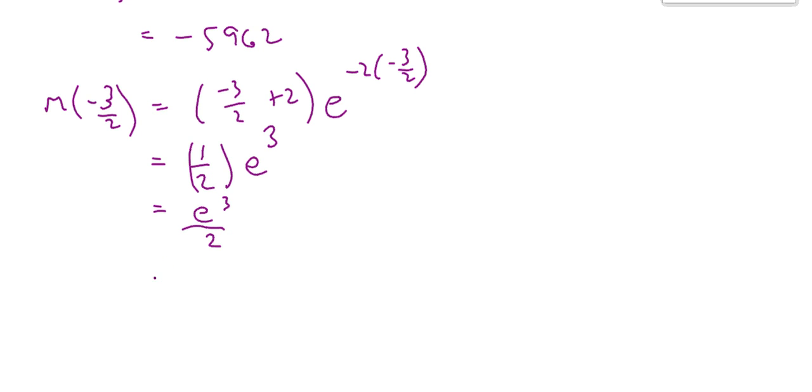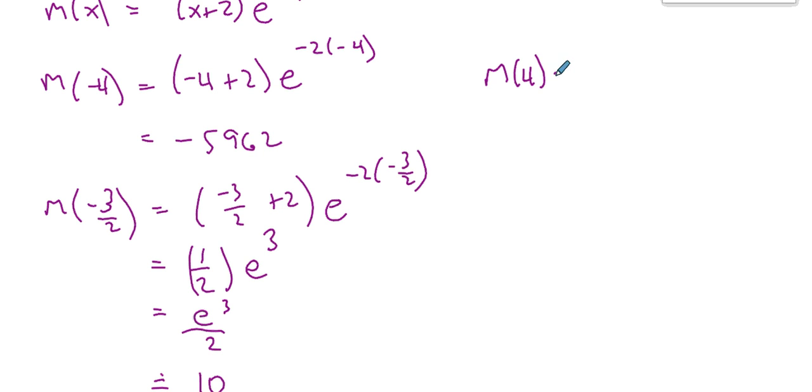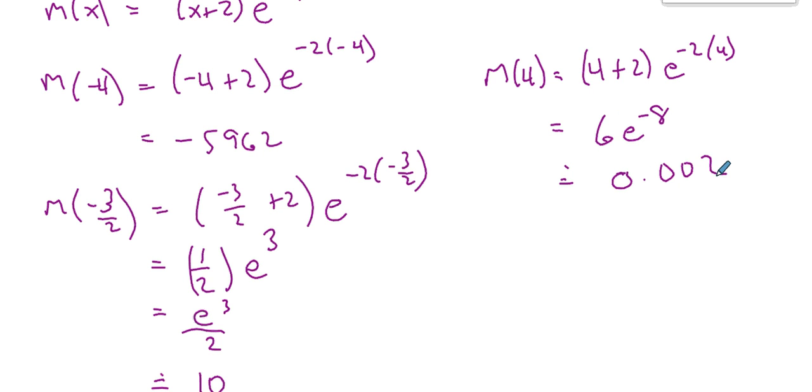This is roughly 10, just to calculate it and compare it. Then I have to test the other upper endpoint, which is 4. Subbing 4 in for x, in exact form I get this, which is approximately a small little baby number like that.